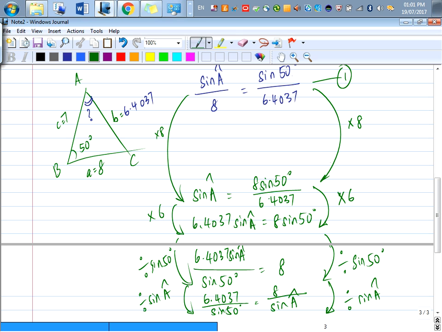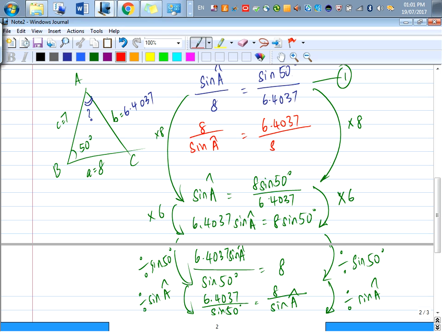So now this is the same as what I have written earlier on. 8 over sine A equals 6.4037 over sine 50. They are the same. Okay?